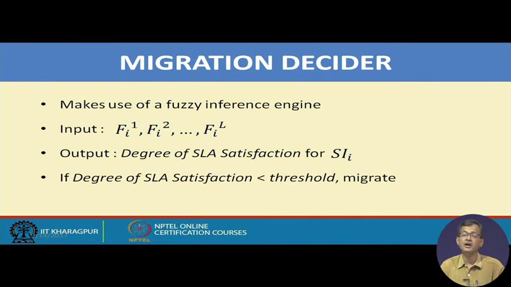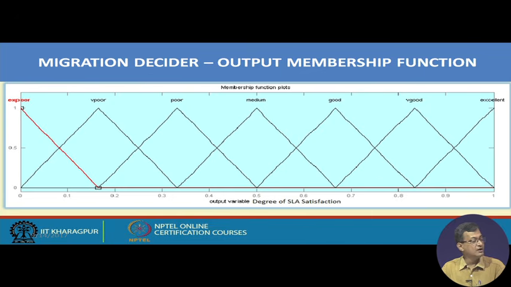So, from the customer's side a particular service instance is running and the degree of satisfaction is being calculated. If the degree of satisfaction is less than the threshold, there is a need to migrate to a new provider or a new service instance. Here also it is done through a fuzzy inference engine, and this is a typical instance of an output membership function with different levels.